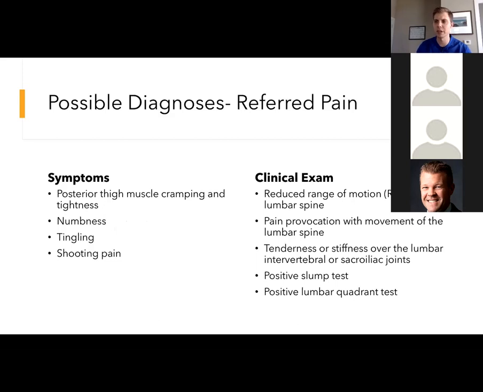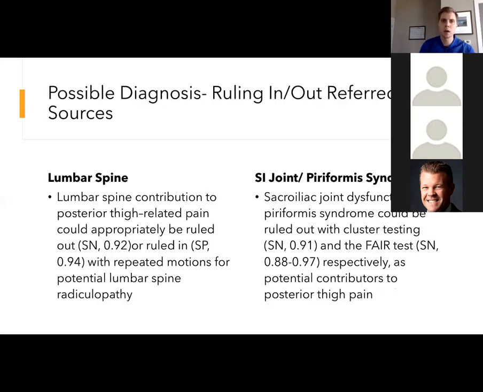Clinical exam is likely to reveal a reduced range of motion of the lumbar spine, pain provocation with movement of the lumbar spine, tenderness and stiffness over the intervertebral or sacroiliac joints, a positive slump test, or a positive lumbar quadrant test. This is a study by Raymond that the Erickson article quoted, and I think it's a great way to look through.